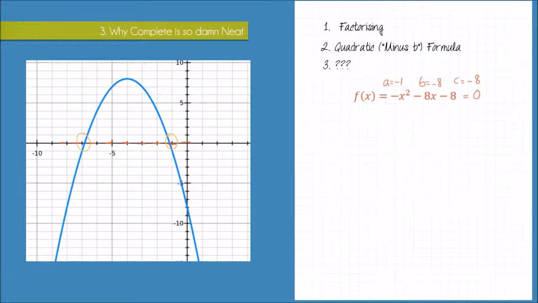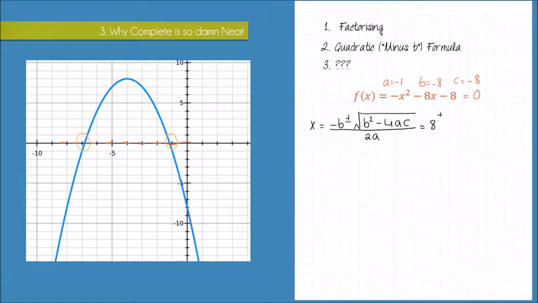Okay, the minus b formula itself. This is in the log tables. It's x equals minus b plus or minus the square root of b squared minus 4ac all over 2a. So let's fill that in for our coefficients. -8 is b, so that means -b is 8.